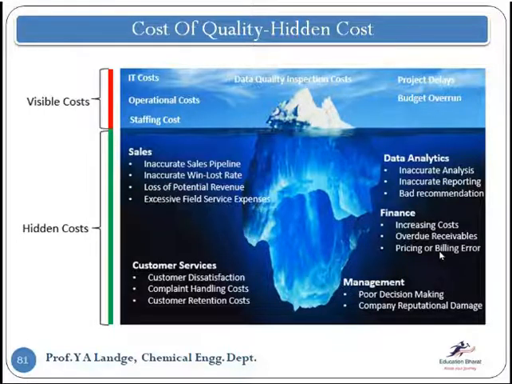Here, pricing or billing error: if your software does not work properly, then you will not get the tally properly. Overdue receivables: many times the dealers or customers do not pay the amount. Ultimately there is a delay, and when there is a delay, it will definitely impact the quality of the product. So this is a very important thing that you need to work on.